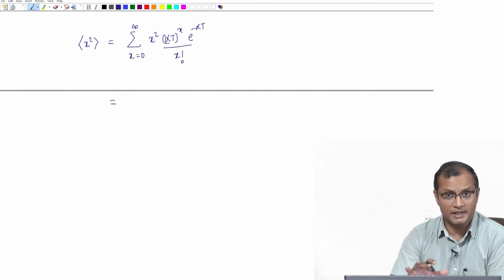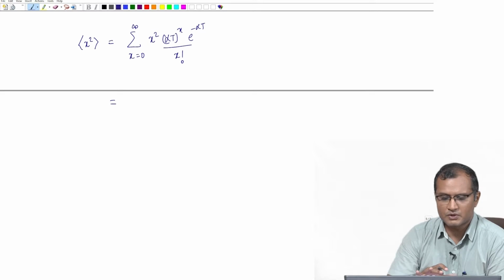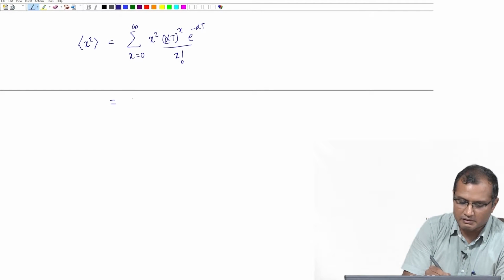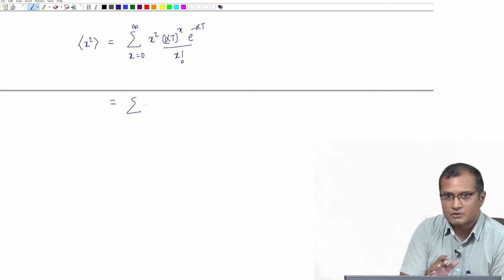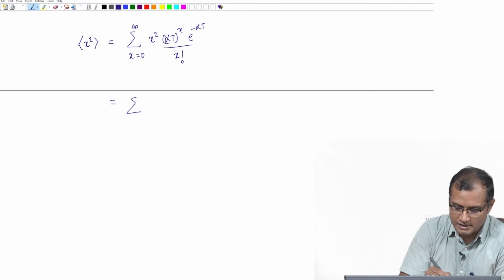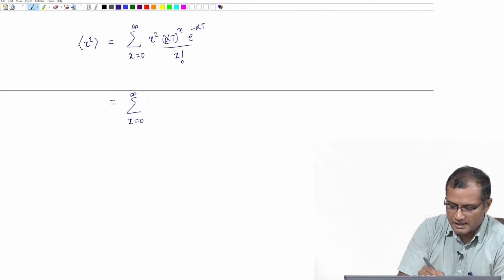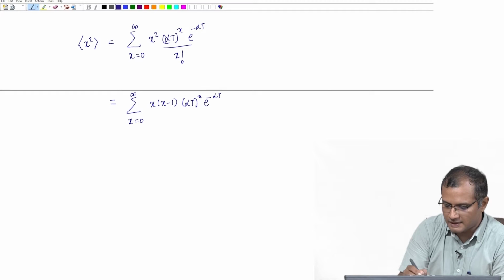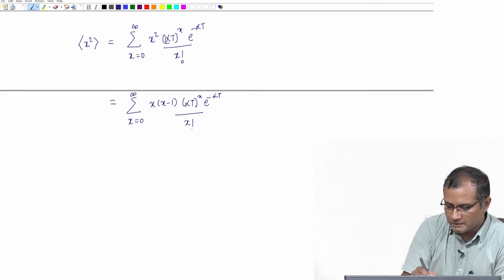I am not going to complete this. I am just going to show that this is time consuming. Okay. I do not encourage you to follow this route. So, what you can do is just write down x squared as x into x minus 1, okay, into alpha t to the power x e raised to minus alpha t over x factorial.